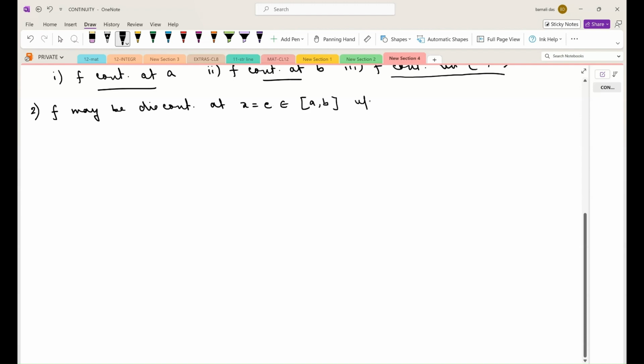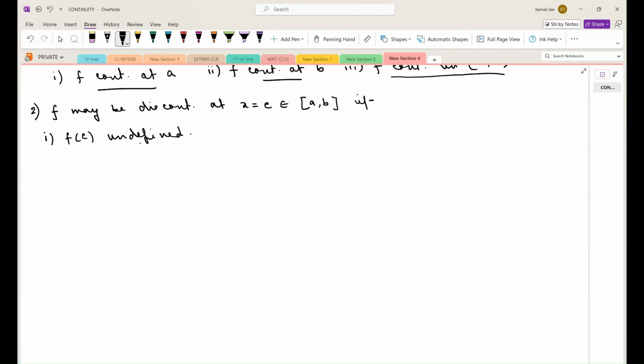There are various conditions under which it might become discontinuous, out of which the most basic condition is the function is not defined at C. That is, if f(c) is undefined. Now, in your textbooks, this condition is included as one of the conditions where a function becomes discontinuous.